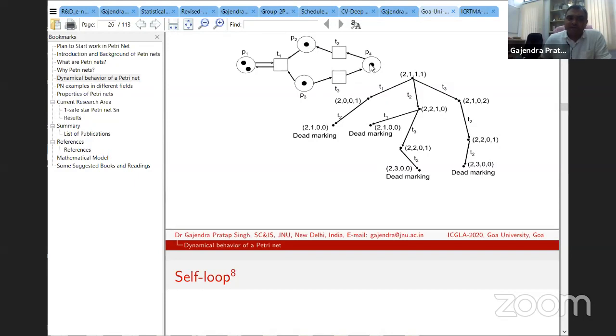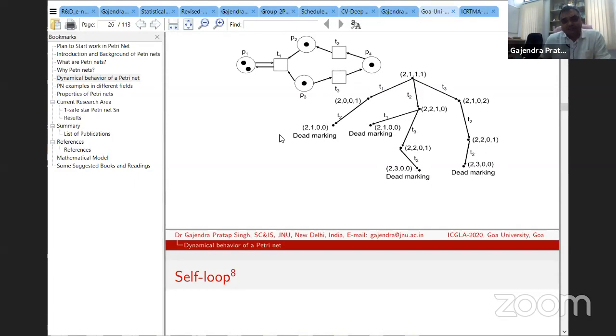At this stage, all transitions T1, T2 and T3 are enabled and ready to fire. If T1 fires, we have 2 0 0 by the firing rule. This is the new state of the system, and this is also a new state when T2 fires. In this way, we have all 10 possible states here.